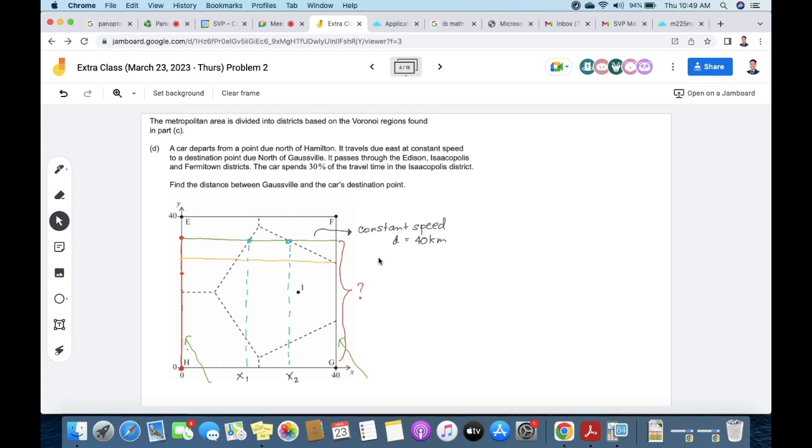So if you try to look at my drawing here, since the car passes through all the other towns horizontally, therefore this must be horizontal as well. In other words, the y coordinate of these points and this point must be equal to that of this. Do you follow?